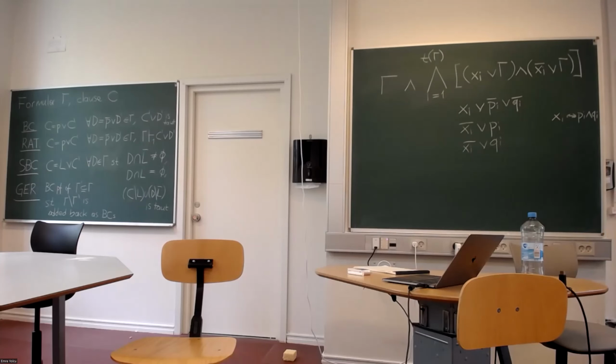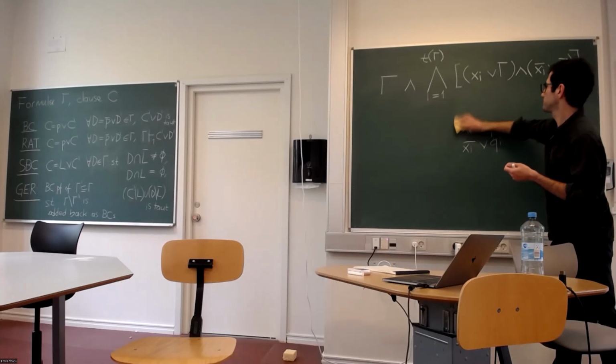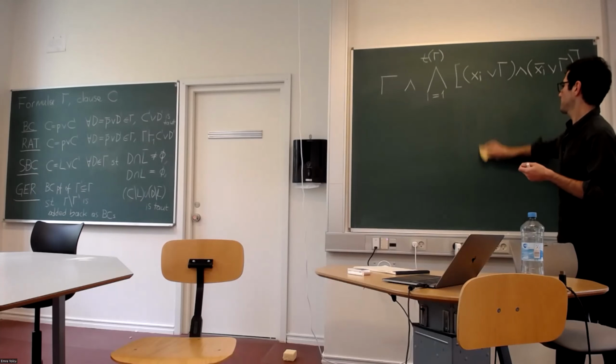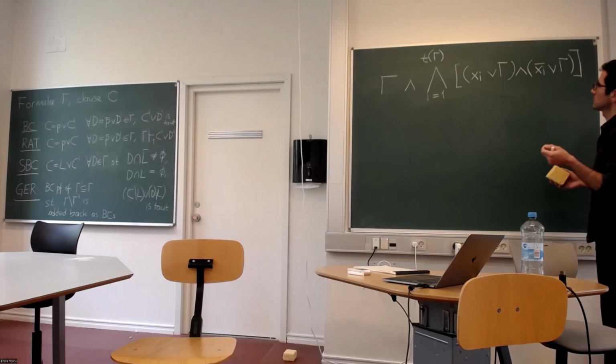Okay, so now we need to argue that BC minus cannot decrypt. Yeah, and shall I do the whole proof, or maybe the crucial thing in the proof I will tell you about first.